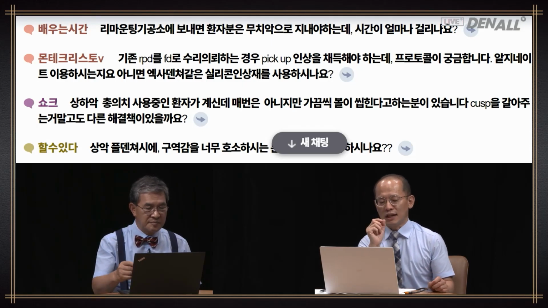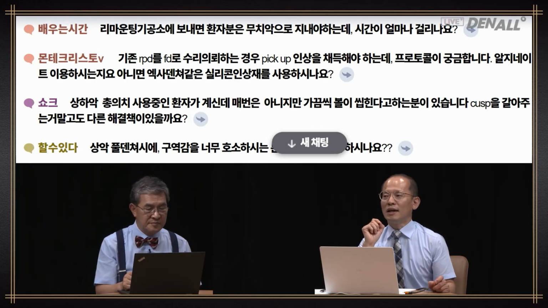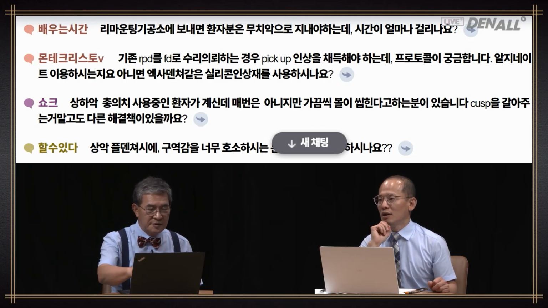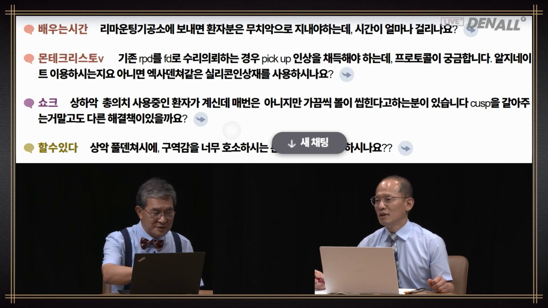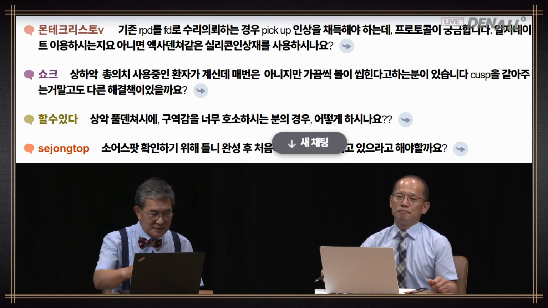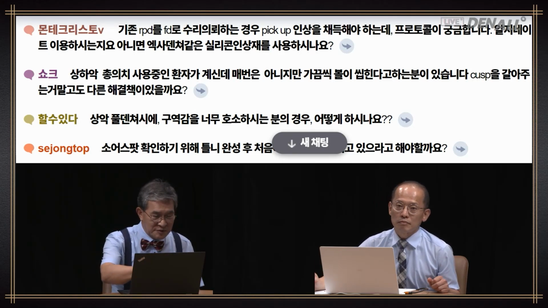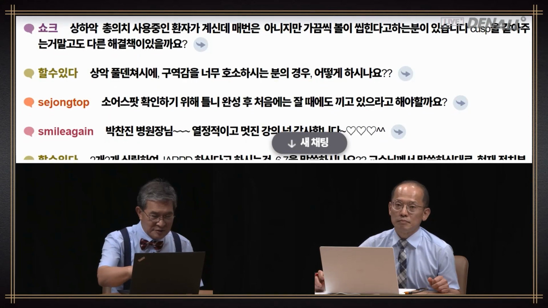If it shifts, then a 2 to 2.5 millimeter occlusal adjustment can be made. But more than that, mostly the teeth alignment needs to be redone, or the denture needs to be created again. So you need to be careful about that. And again, Monte Cristo V's question is slightly off topic, so I'll just skip that.